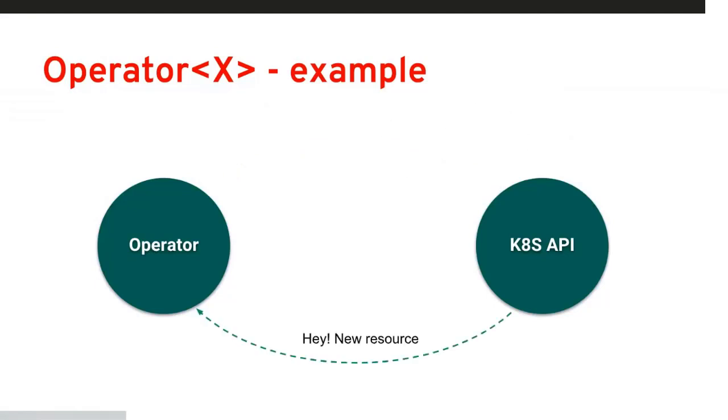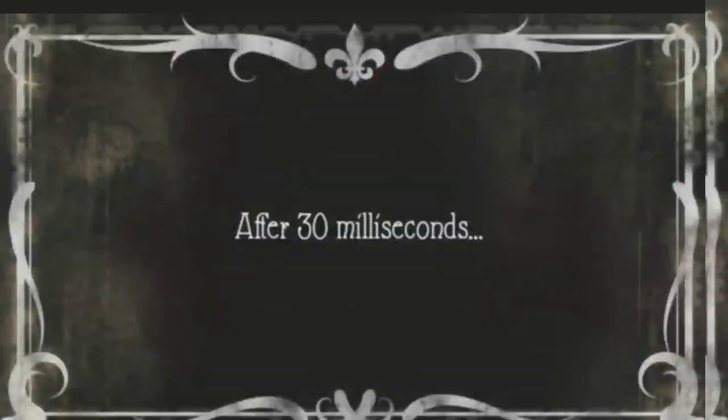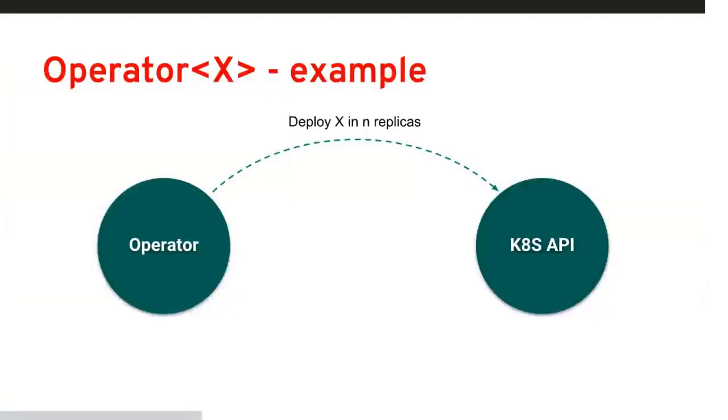After some time, if there is a new resource in the Kubernetes server, it notifies the operator, and now it's the responsibility of the operator to do something about it. So in our example, it starts to think, and after some hopefully short time, it will respond with some action. In our case, it's deploying the system X in N replicas, where the N could have been described in the resource representing the system X.